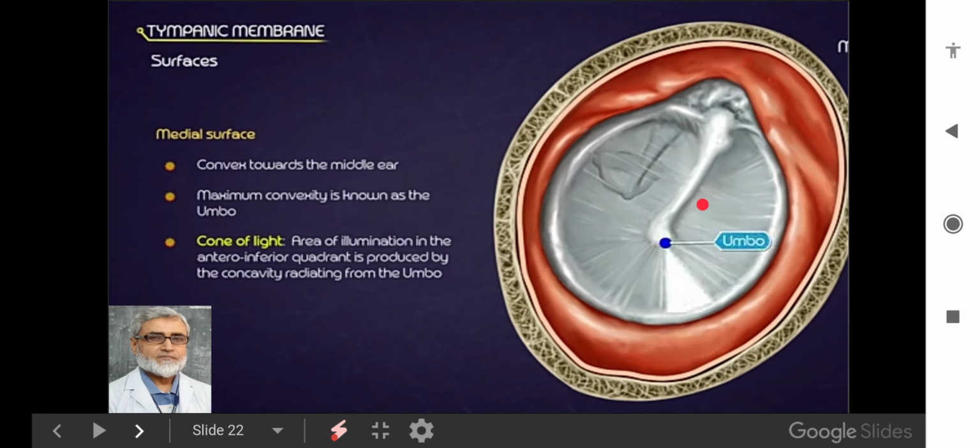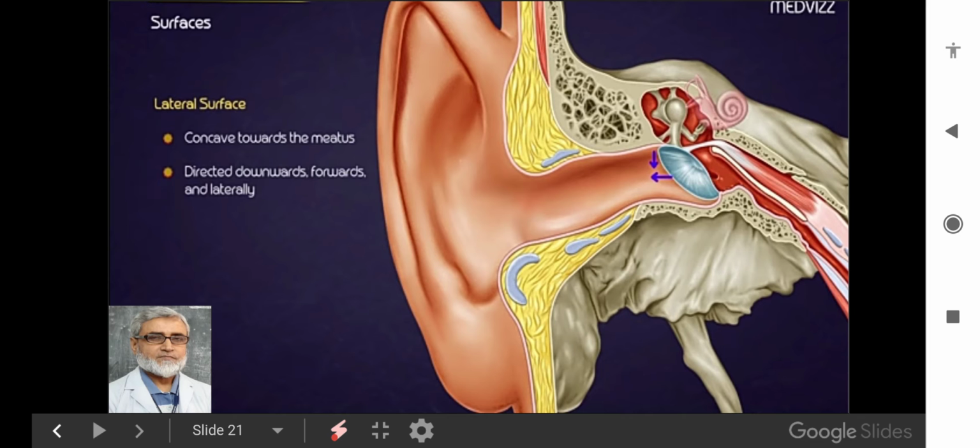See here, the medial surface is convex. Just see, this is concavity, and this one is convexity.